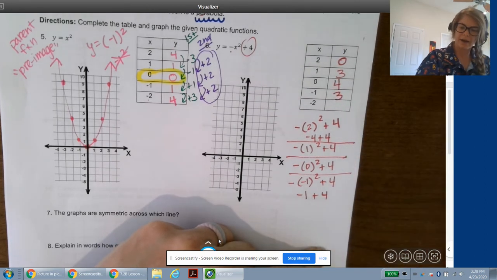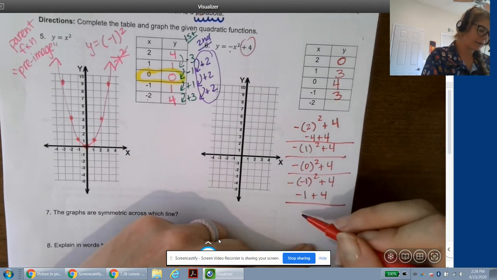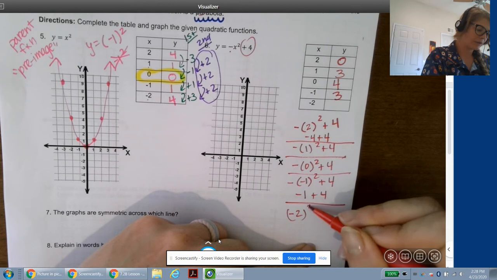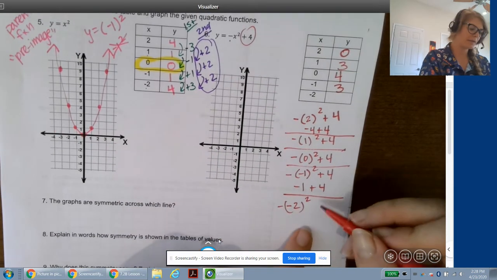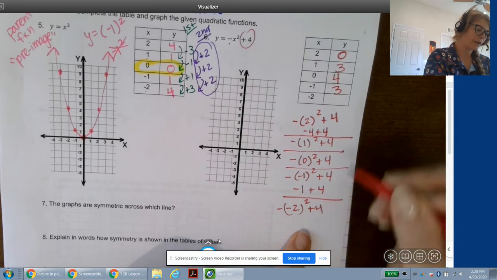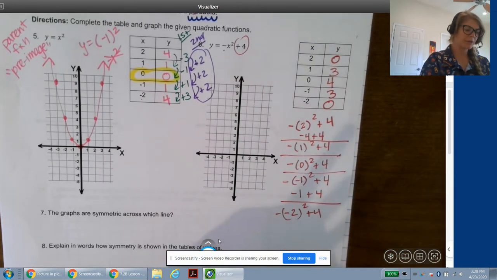Okay, and now let's take the next one, negative 2. Negative 2 squared is 4. Opposite of 4 is negative 4. Negative 4 plus 4 is 0. So notice we do have some symmetry here.